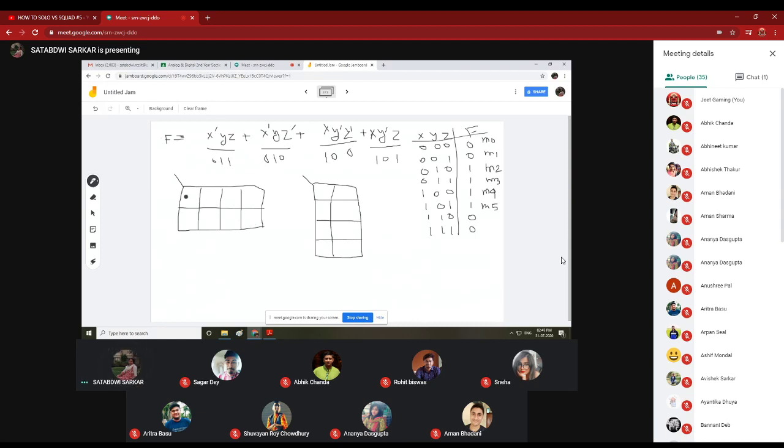I prefer this one. So we write x here, because x has only 2 values, either 0 or 1. And the other 2 variables we put here, y and z. So the value of y and z for the first cell is 0 0.